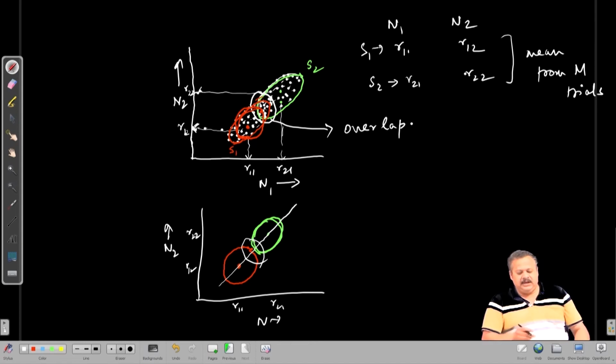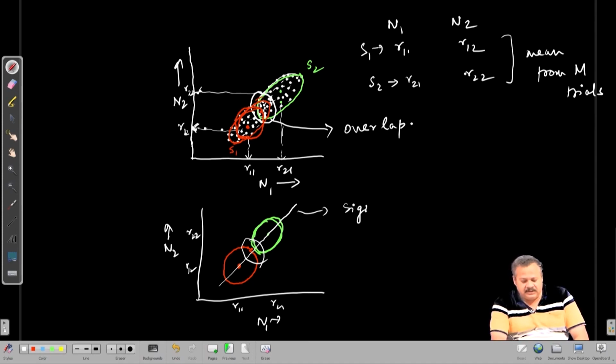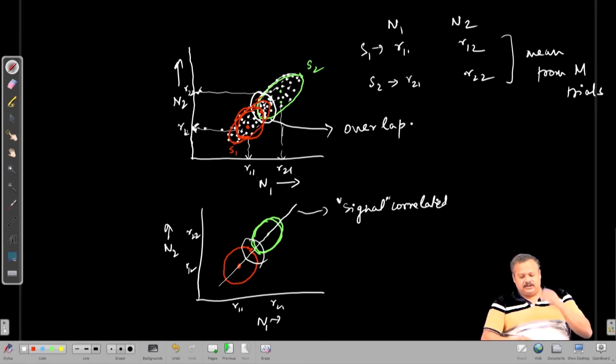That is, if we take the mean, the red dot and the green dot, the mean responses are increasing with increasing rate of N1 and an increase in rate of N2 when the stimulus is being varied. That is called signal correlations, because it is the mean that is being correlated here, devoid of the noise.